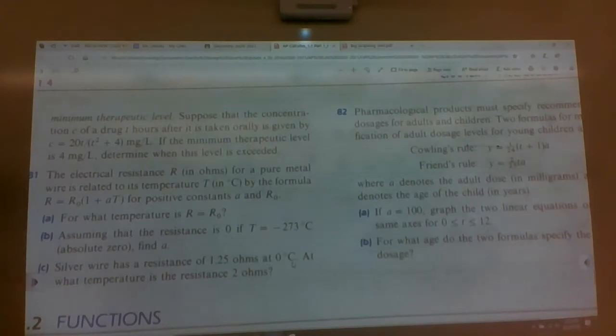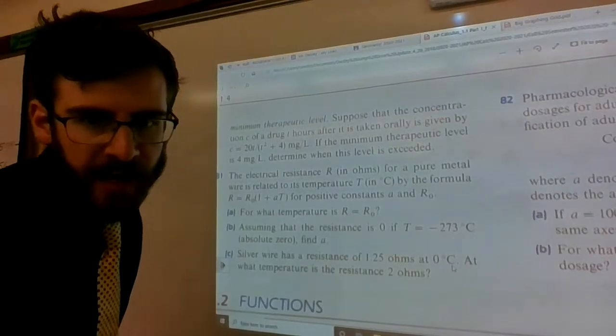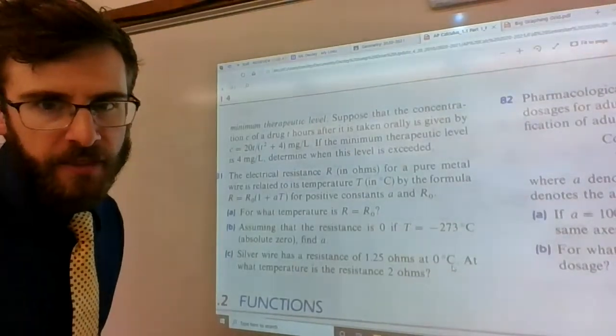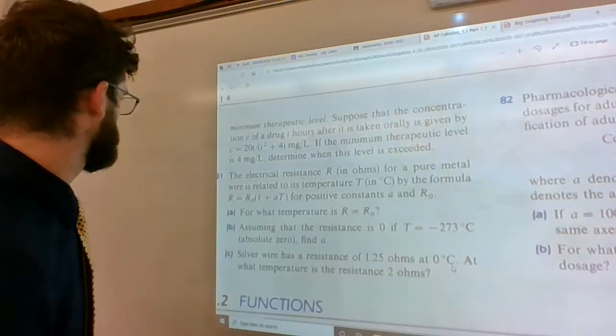So, you know what? We'll keep the problem close to the work. All right, so they're asking for what temperature is the electrical resistance equal to the initial resistance.